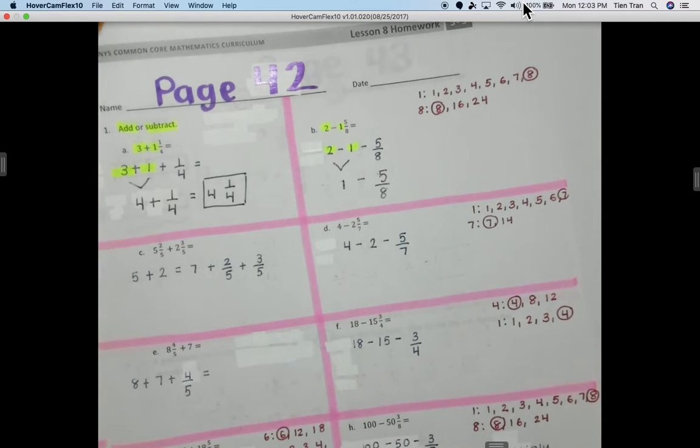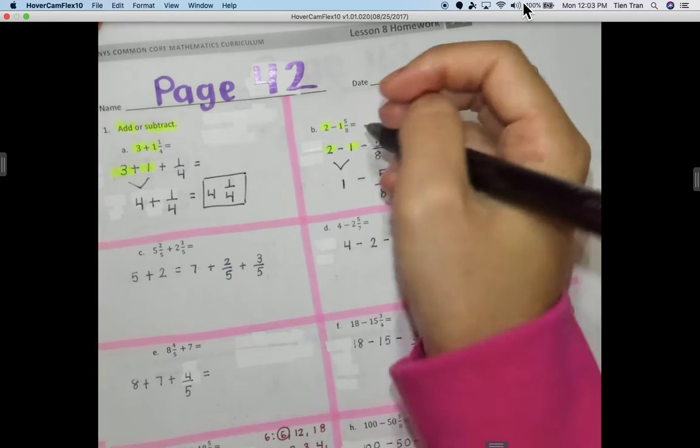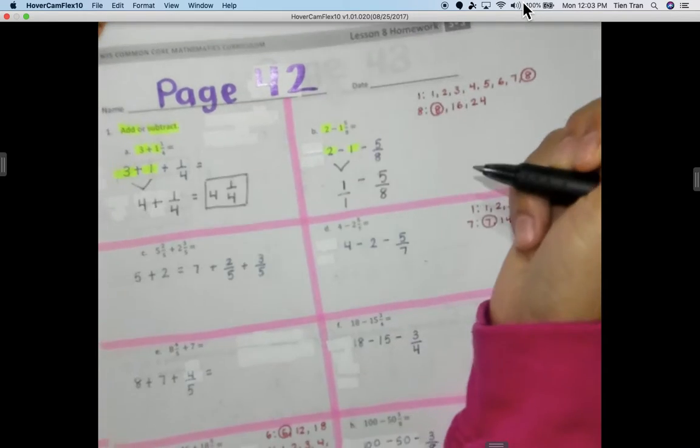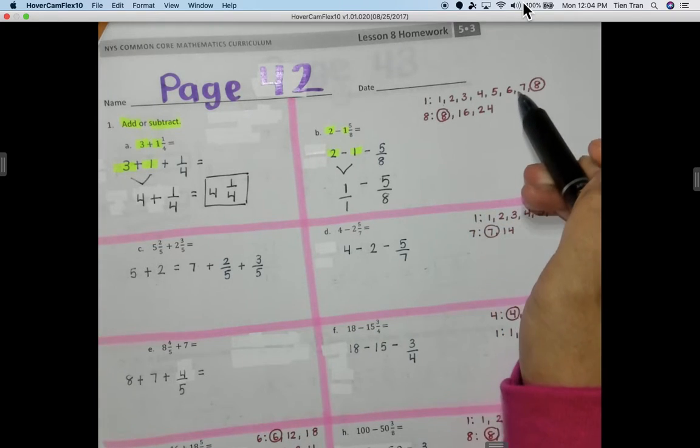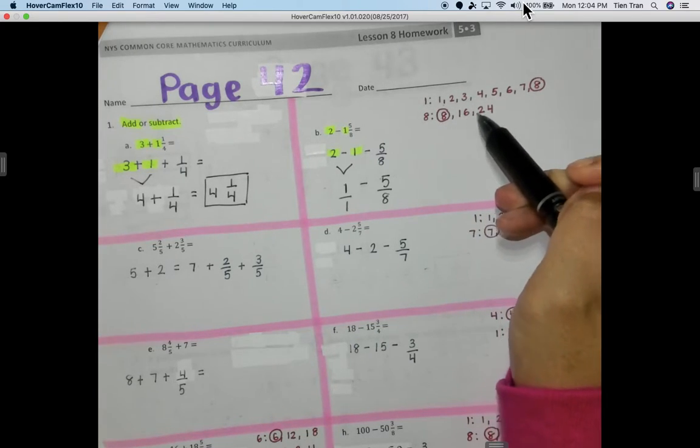Okay, 1 minus 5/8. Now notice that in subtraction, I can't just put the numbers together. I can't because I'm subtracting. So what I need to do is I need to find the common multiple for 1 and 5/8, and that's going to be 8. So for 1, we have 1, 2, 3, 4, 5, 6, 7, 8. For 8, we have 8, 16, 24.